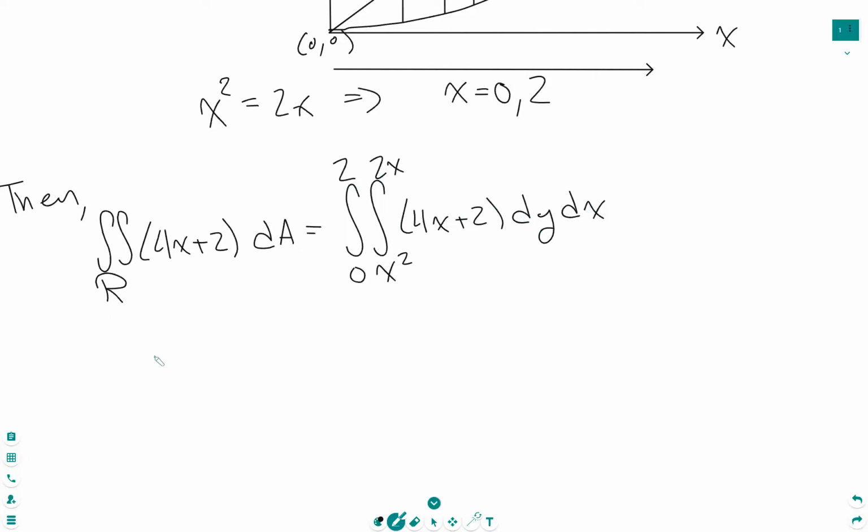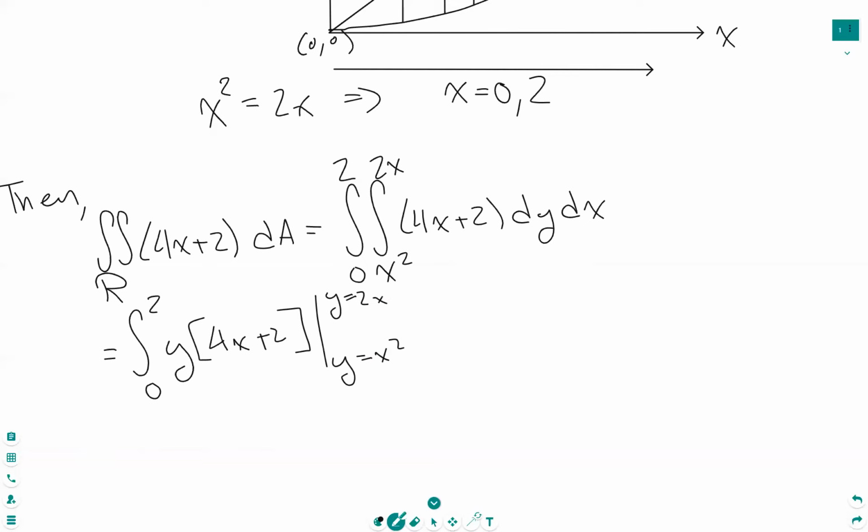So this is equal to the integral from 0 to 2. And now notice again that this isn't a function of y, so it's pretty easy to integrate. This is y times 4x plus 2 evaluated at y is equal to x squared and y is equal to 2x dx.